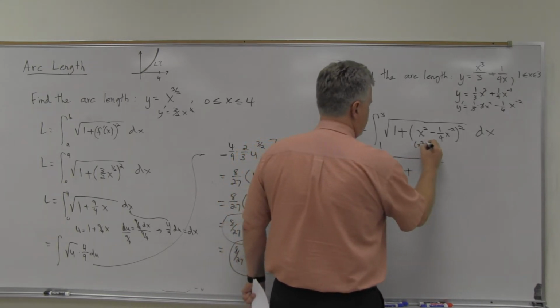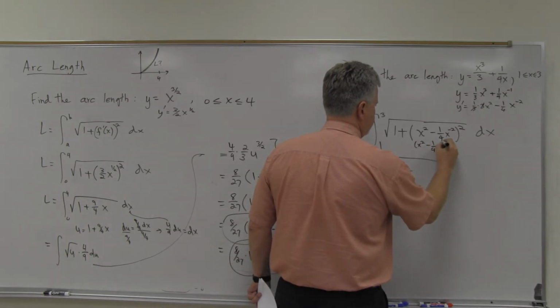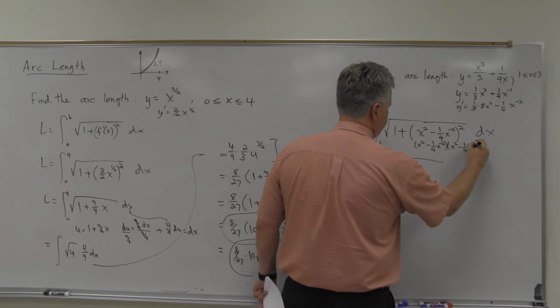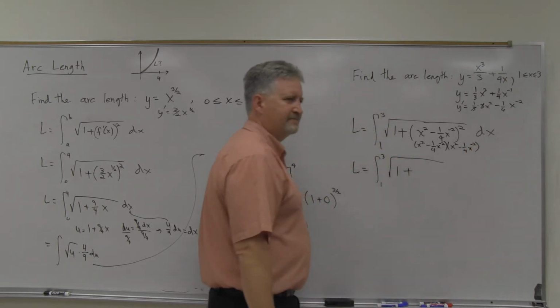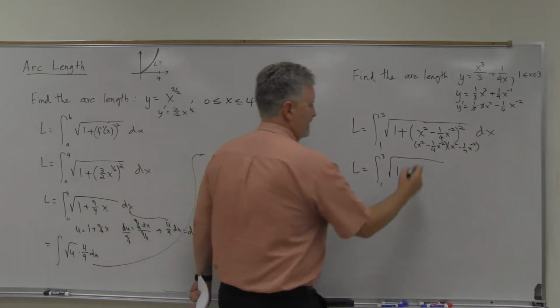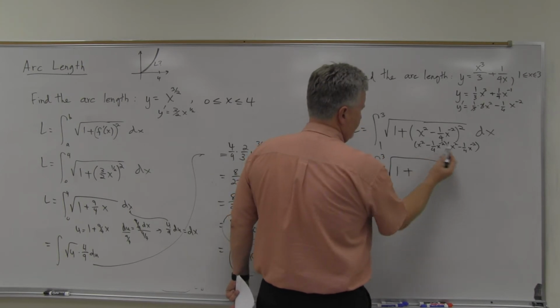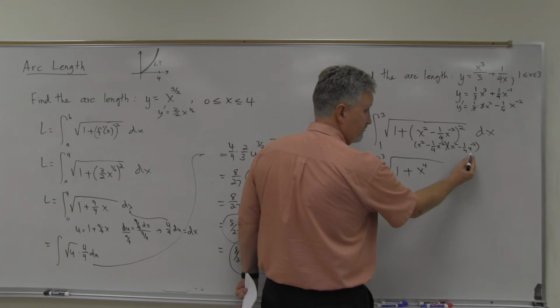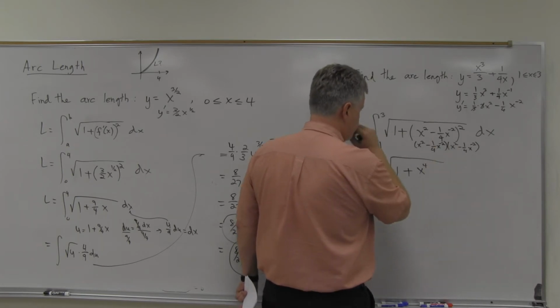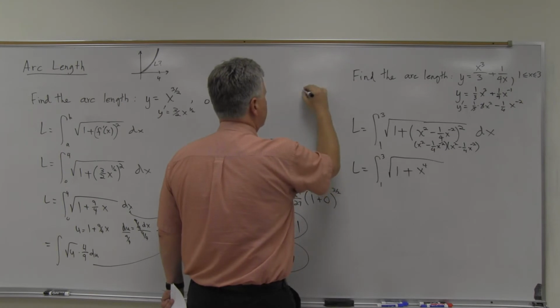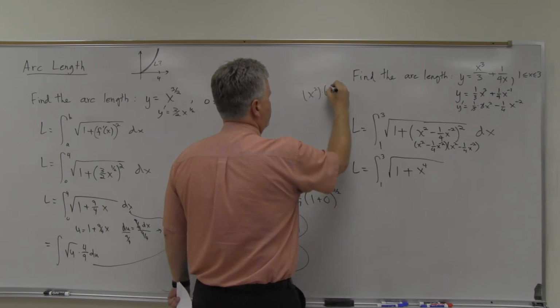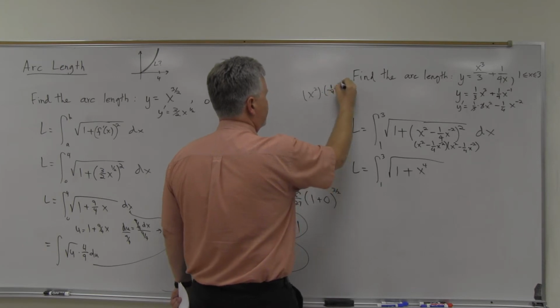So x squared minus 1/4 x to the minus 2 times x squared minus 1/4 x to the minus 2. Pull it out. So you have 1 plus, and then x squared times x squared is x to the 4th. X squared times minus 1/4 x to the minus 2, what's going to happen there? Something really nice happens.